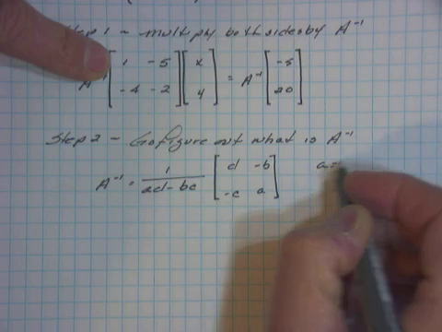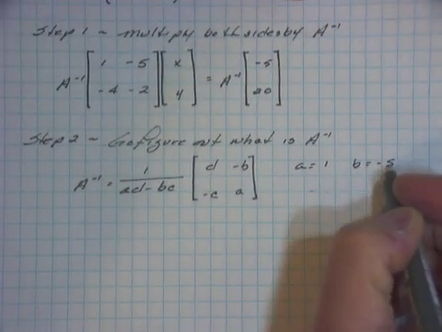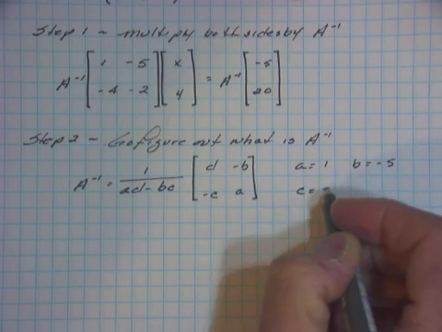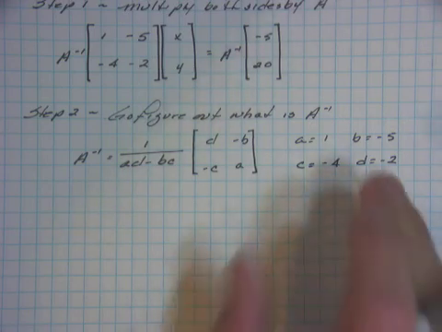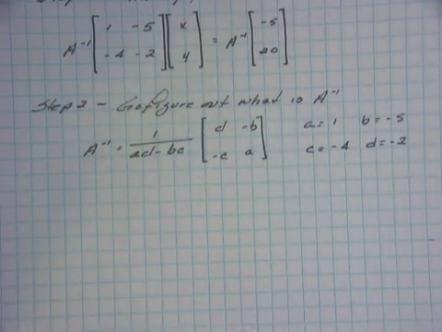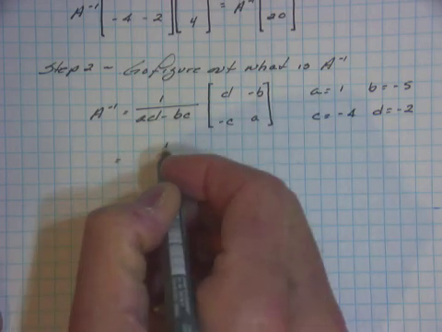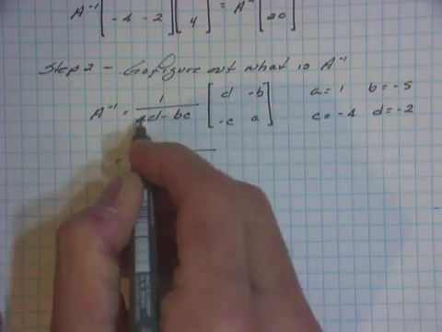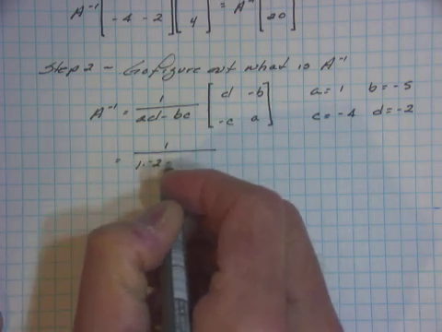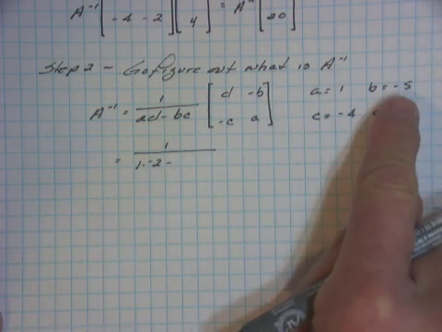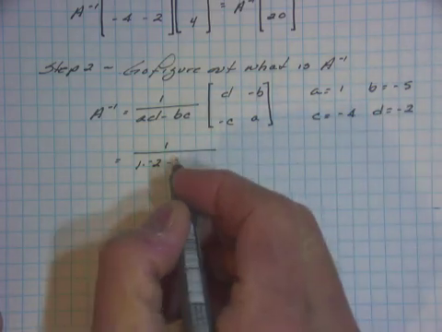Now, from our coefficient matrix, I know that A equals 1, B equals -5, C equals -4, and D equals -2. So we're going to plug those numbers into that formula. So the inverse matrix equals A times D, that's 1 times -2, minus B, which is, you know what?